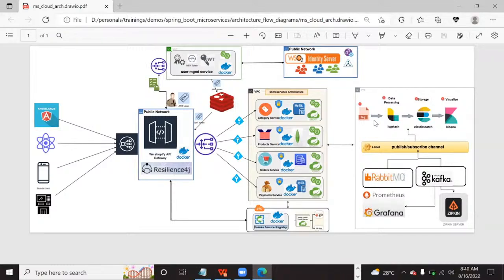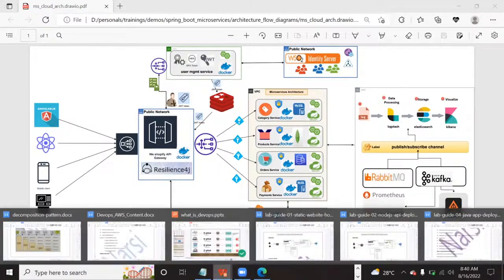Sure, I'll explain. First of all, these are the applications. Applications use their own server and connect to different databases. Now, what we will do is deploy them in a Kubernetes cluster.